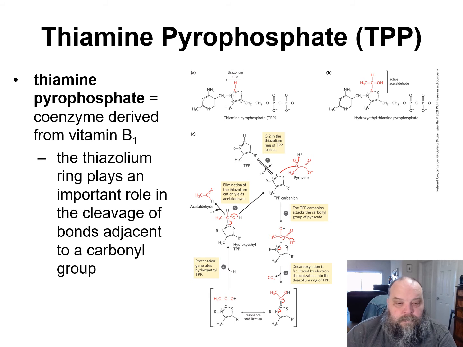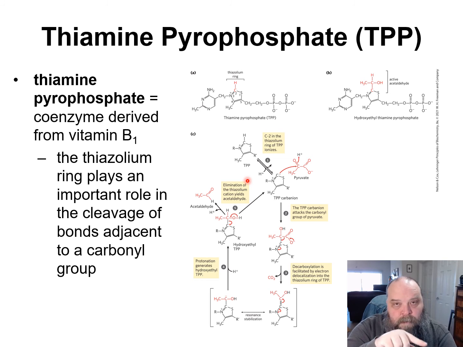Part of the helper for this to occur is a coenzyme by the name of thiamine pyrophosphate. Thiamine pyrophosphate, it's a B1 derivative. TPP is also utilized to aid in the alteration of pyruvate to form acetaldehyde.